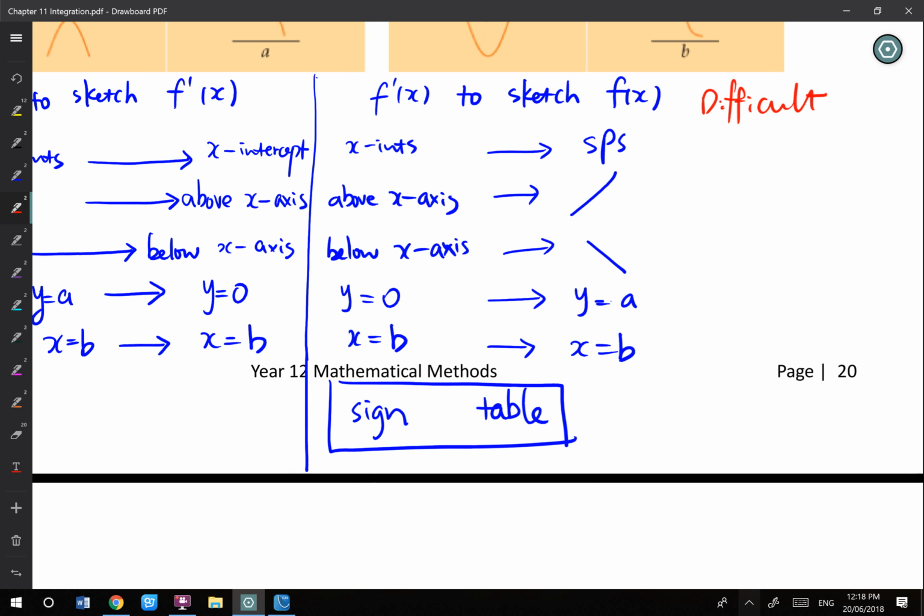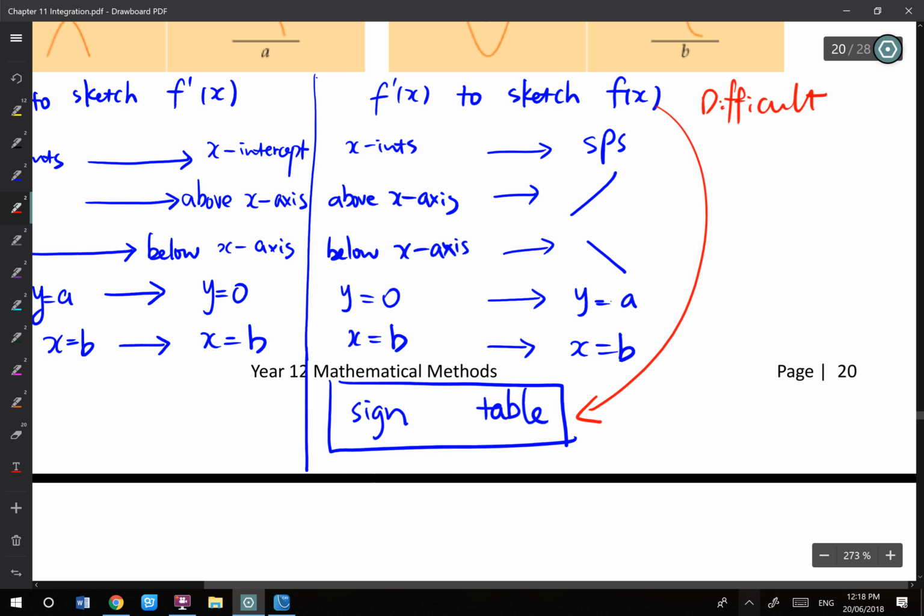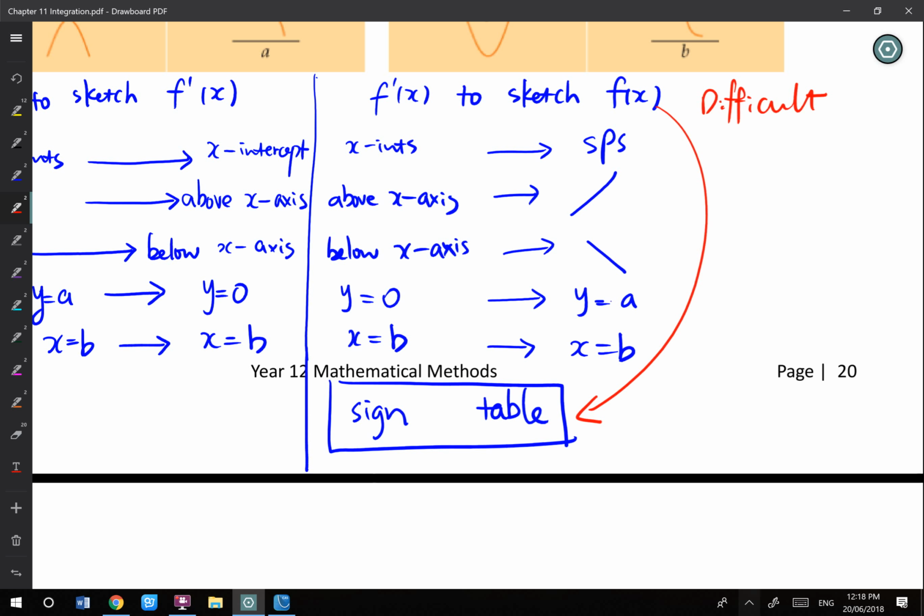But from f'(x) to f(x), yes, I can see all this information, but it needs to be put in a table, and from the sign table I can sketch the original graph. Remember we did this type of question before: we see the f'(x) function, and the stationary points are here, here, and here. What's in between each of them, and I put all the values in. So I will need the sign table for that. It's a revision, nothing new.